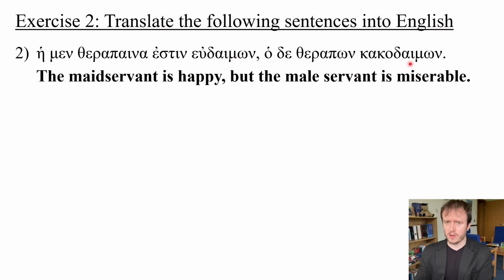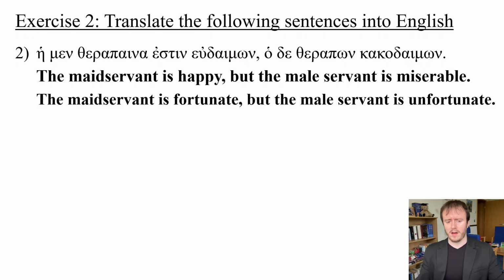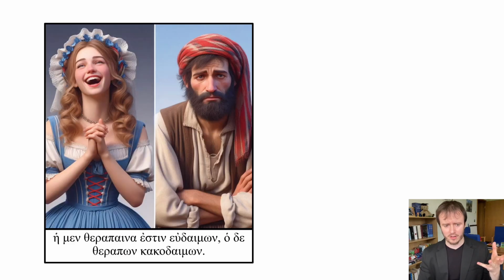We could have said fortunate and unfortunate instead of happy and miserable, which would have given us the maidservant is fortunate, but the male servant is unfortunate. You could have said either. And ladies and gentlemen, I have an illustration of that sentence for you.